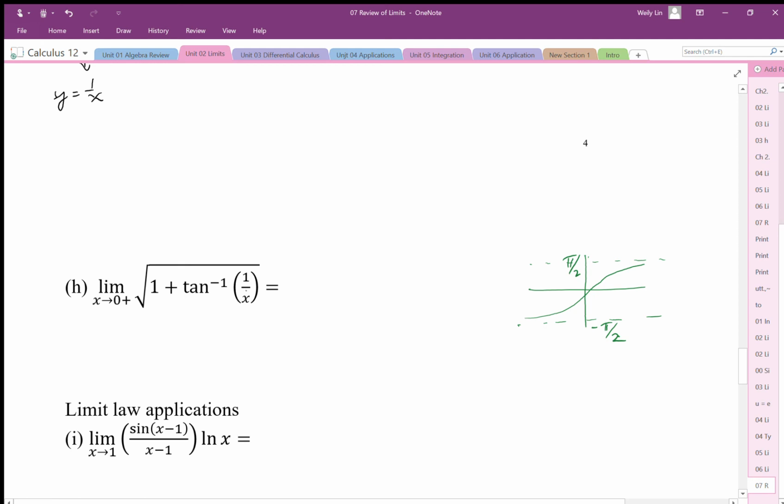If we understand what arctan looks like, then we can work out the limit of the inside piece and then work out the entire limit. So in this case, this is just going to end up being 1 plus pi over 2, because as we go out to infinity, the arctan value is just trying to get to pi over 2. So that's our limit.